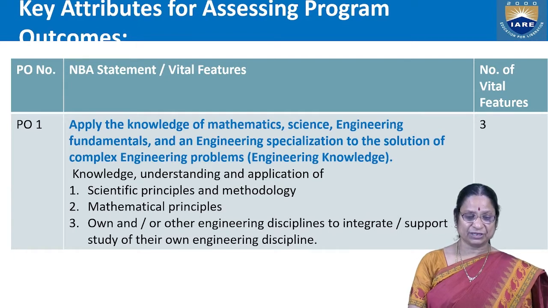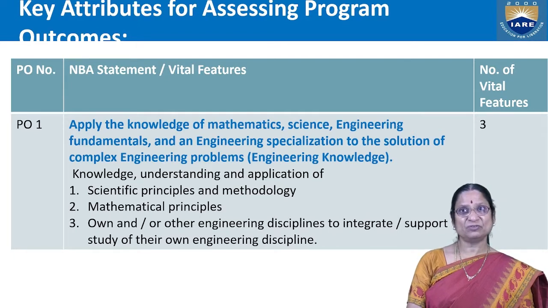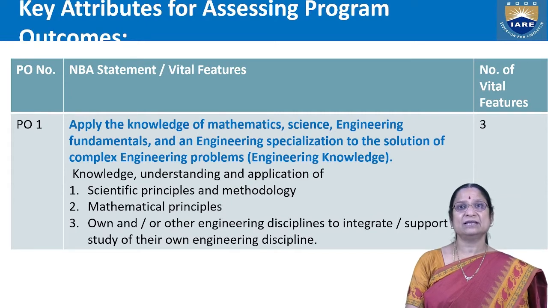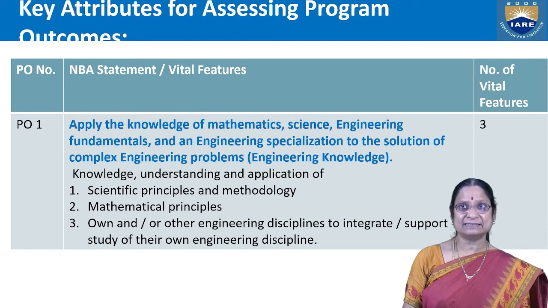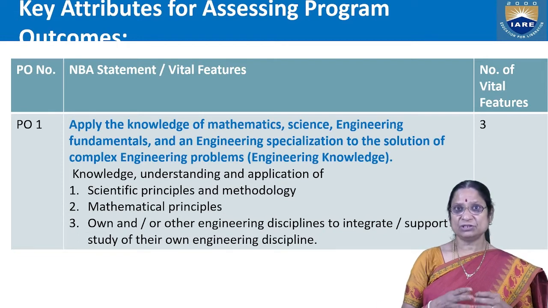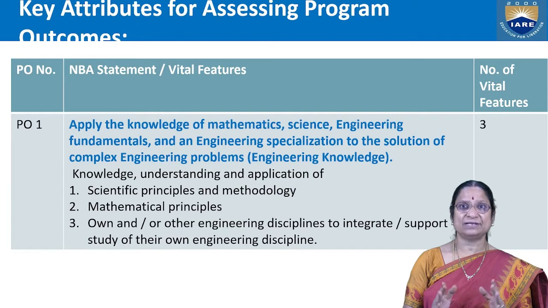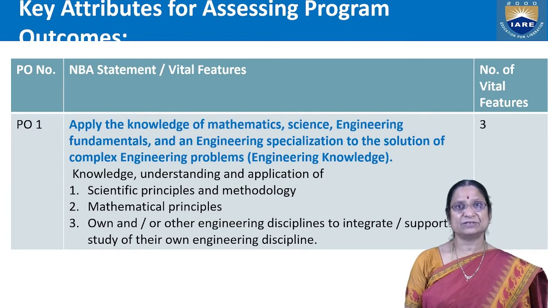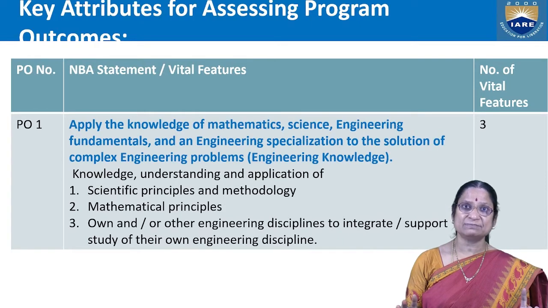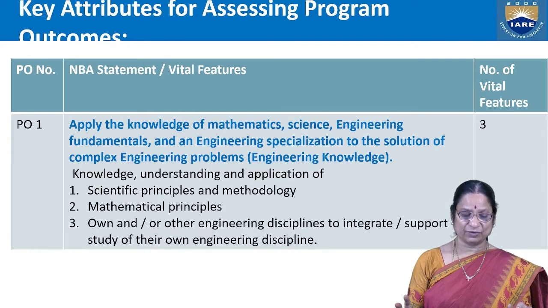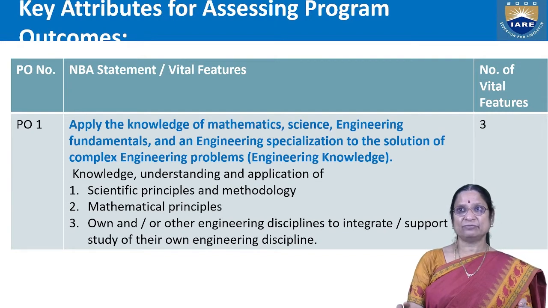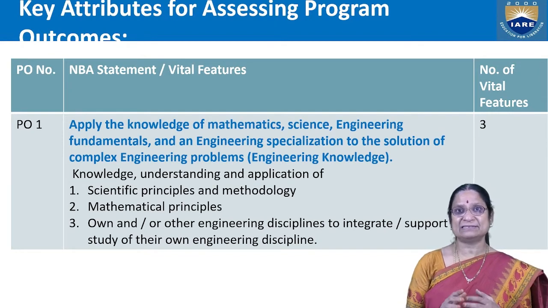First PO is related to engineering knowledge, application of this engineering knowledge, base knowledge, that is base sciences, mathematics, science, engineering fundamentals, and specialization for solutions of complex engineering problems. So whichever course outcome is related to this base knowledge, understanding of basic knowledge related to mathematics or science, etc., those outcomes are mapped with PO1.